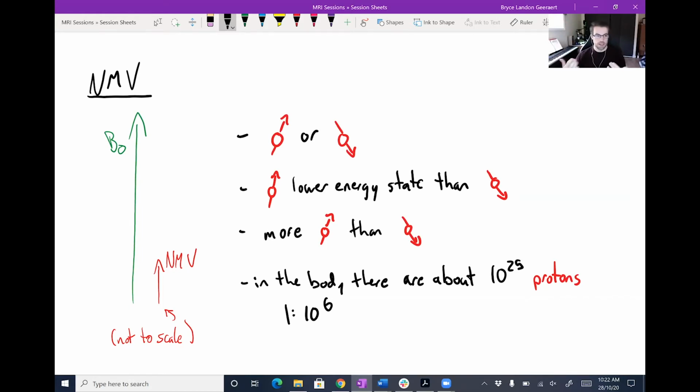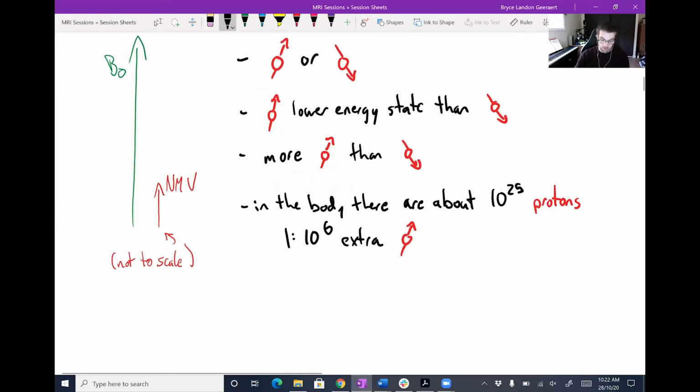So there's one extra in that population. Just to give you an idea of how this surplus of up orientation spins or protons is fairly small in ratio, but because we have so many protons in our body, it produces a significant NMV, or net magnetization vector, that we can measure and mess around with. I should actually finish my thought here: 1 in 10 million extra up orientation. Hopefully that makes sense. Just a little side note that might help things make a bit more sense.